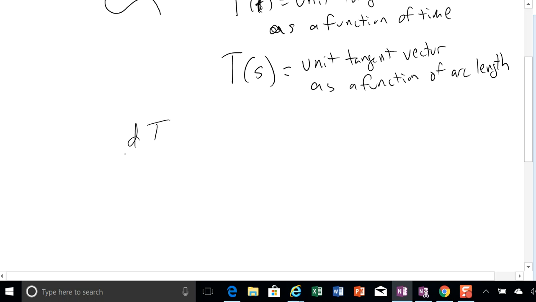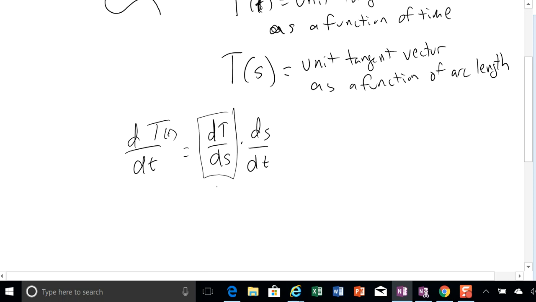I know that dT/dt, the rate of change in the unit tangent vector with respect to time, I can do as dT/ds times ds/dt, right? That's what we're looking for, the rate of change in the unit tangent vector with respect to s. So this is the piece I'm looking for right here, the dT/ds.